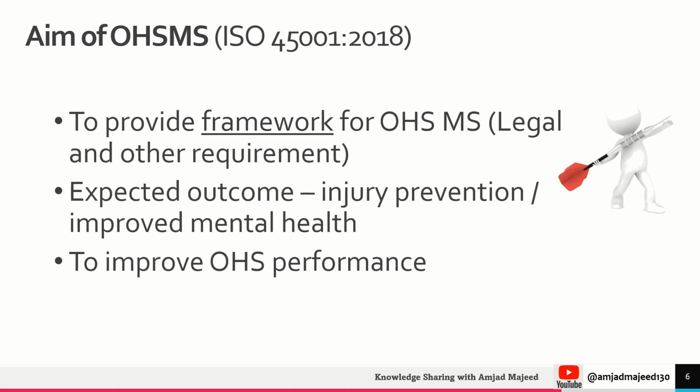And the expected outcome is, we have to avoid injuries by the end of the day, and we have to improve the health part, that is the mental health or the physical health, the point is there should not be any disease in the workforce who is there. And overall, the aim of the occupational health and safety management system is to improve our occupational health and safety performance day by day.